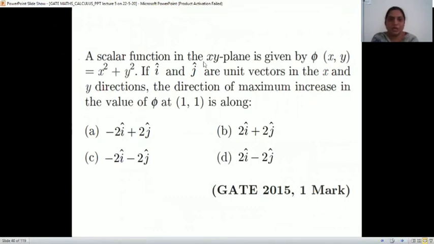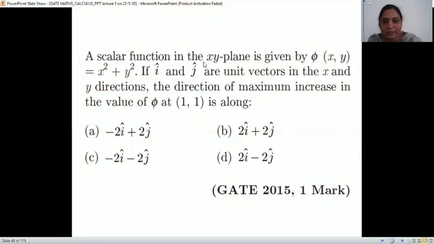Next is a scalar function in the xy plane given by phi of xy is equal to x square plus y square. If i bar and j bar are unit vectors in the x and y directions, the direction of maximum increase in the value of phi at (1, 1) is along where it increases max.